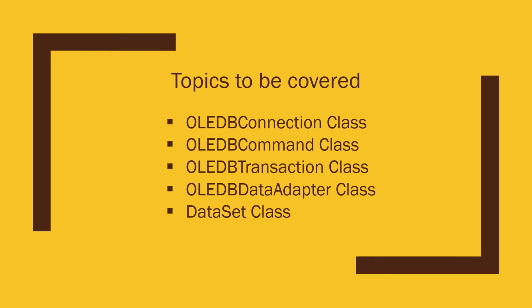A series of changes to the data in a database will be processed as a group through the OLEDB transaction class. Then data will be retrieved from the database through the OLEDB data adapter class. The data is retrieved into a dataset class so that it can be bound to a control. So now we will see these topics in detail.